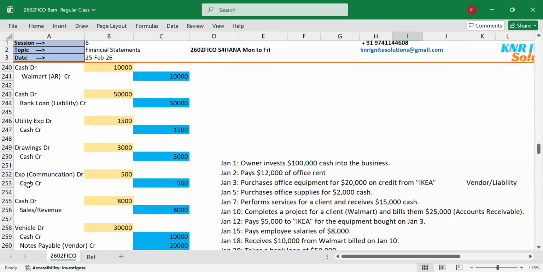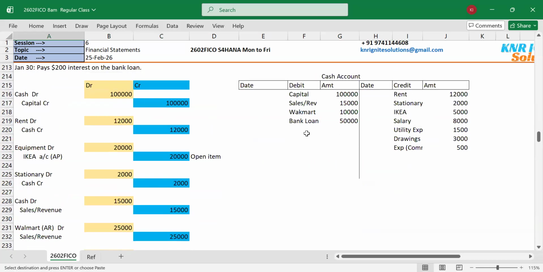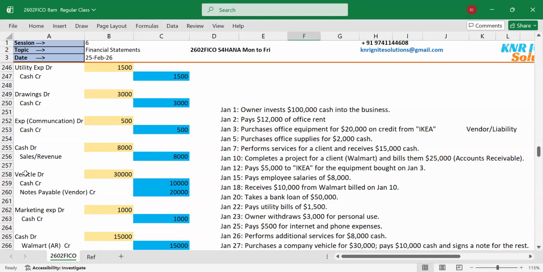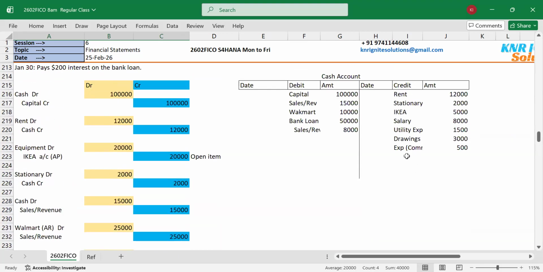Then we have, again, revenue, 8,000. Then for the vehicle, I paid 10,000. So which is a fixed asset. Vehicle, it's a credit. Vehicle account 10,000.